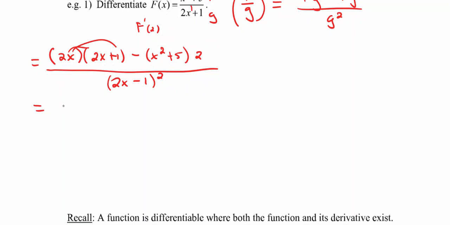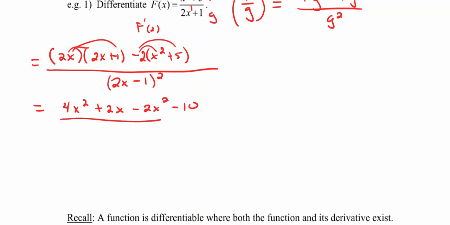So this would become 4x squared and then plus 2x. Okay, and then I'm going to assume, just in my mind here, this was like 2 out front, and it'll just make it easier to distribute the negative 2. You guys are good at this, though. Do whatever method you were going to do there. So then minus 2x squared minus 10, all over 2x minus 1 squared.